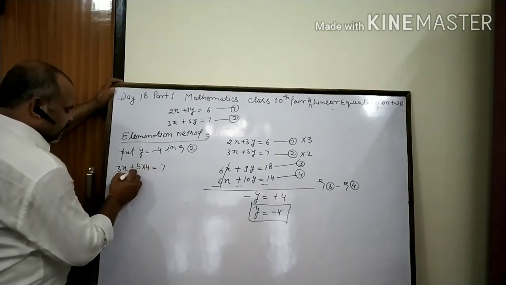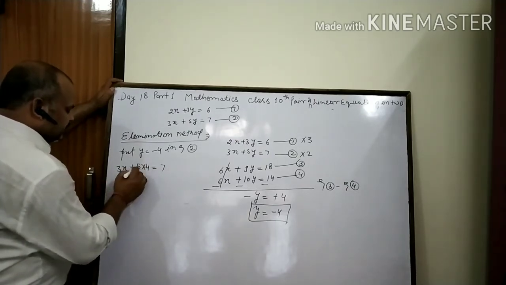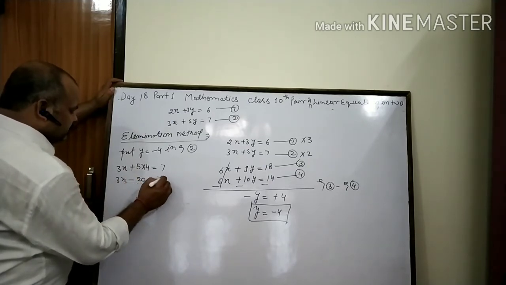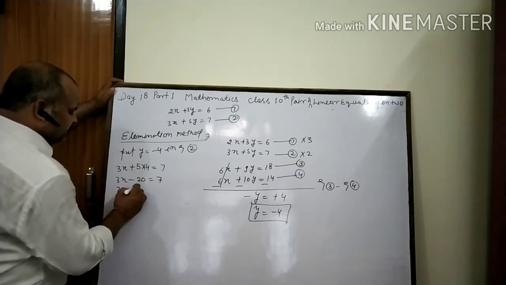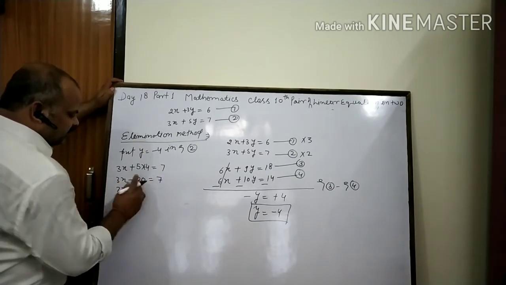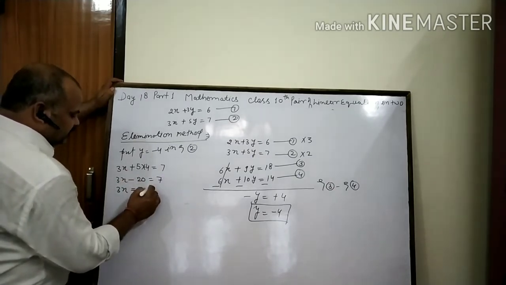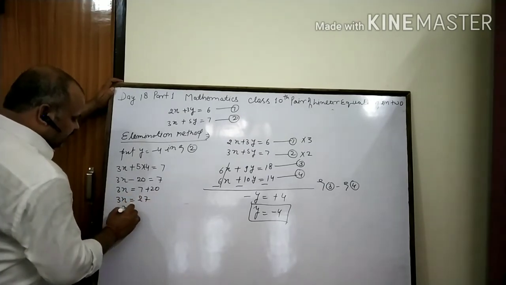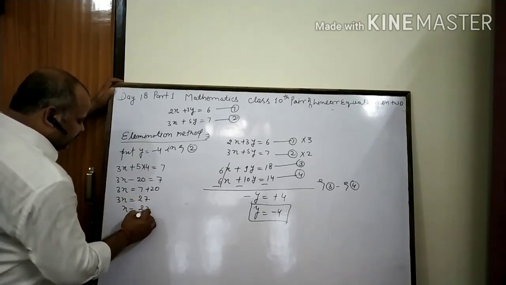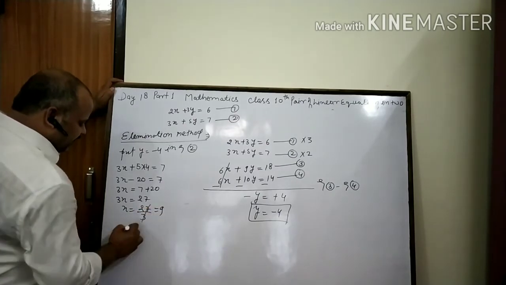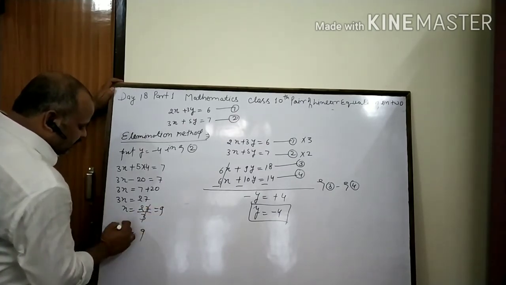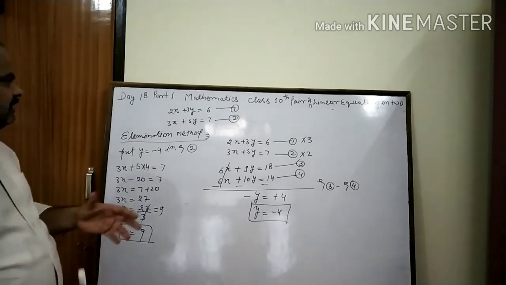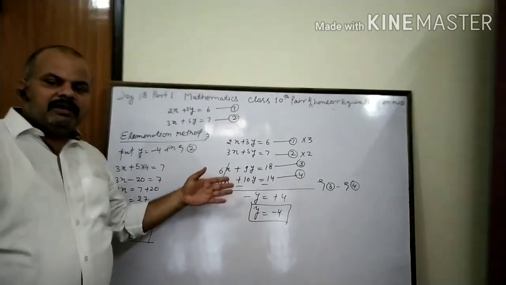Then 3x minus 20 is equal to 7. This number goes to the other side, the sign is changed, then 7 plus 20, 3x is equal to 27, x is equal to 27 by 3, it is 9, then x is equal to 9. It is the solution of the linear equations in two variables algebraically.